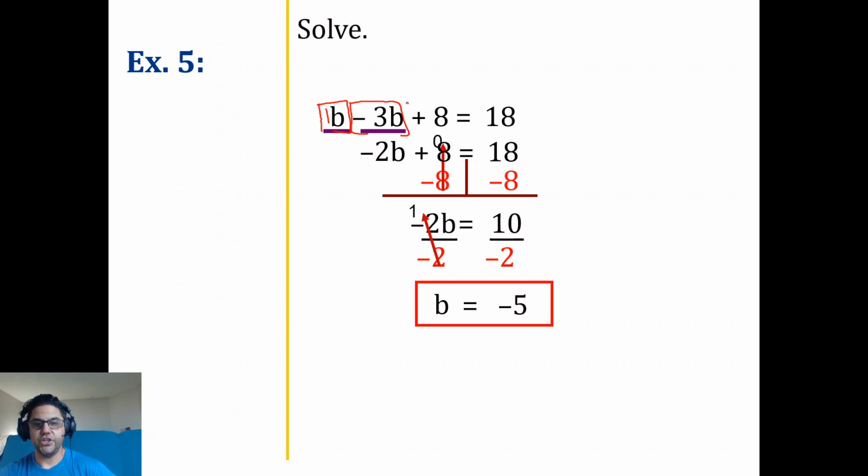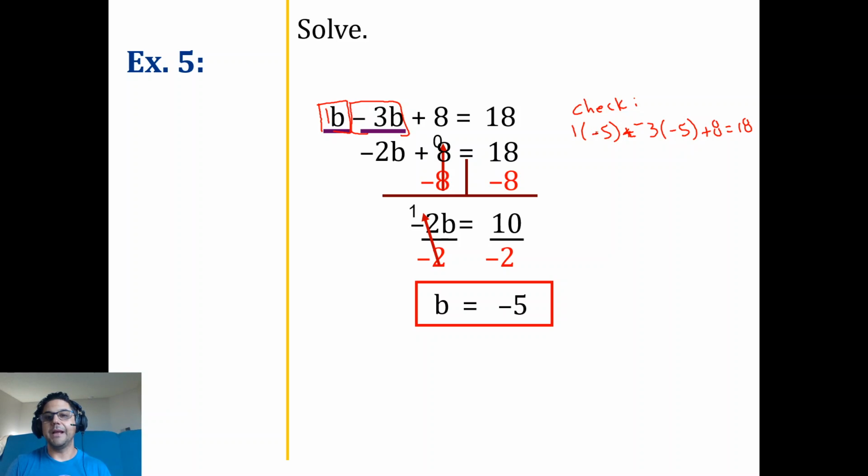If you were going to check it, remember you're going to substitute it here for each letter. So I have 1b, so I'm actually going to write it as 1 multiplied by negative 5, subtract 3 multiplied by negative 5 plus 8 equals 18.